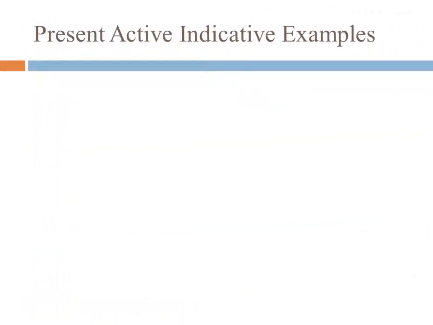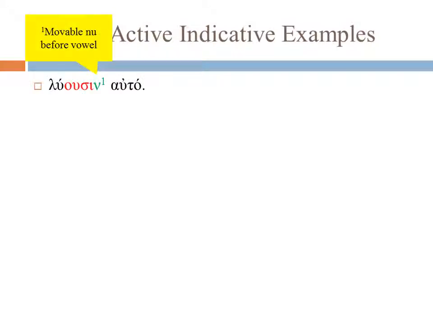So let's look at a couple examples of a present active indicative. Luousin auton. The first thing that comes to mind to show you is this nu at the end of luousin is a movable nu, and it comes because the word is before a vowel. The ending is ousi. Remember Lucy?